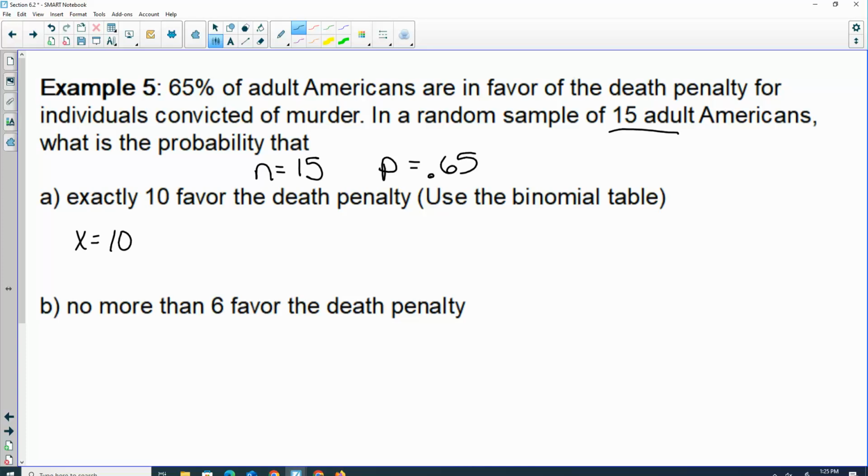If you look, I think it's the back page, when n is 15, you go down to x is 10, and my p across the top is 0.65. Did everybody find that number?